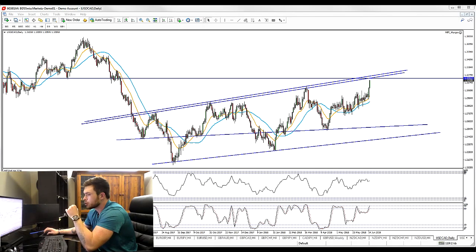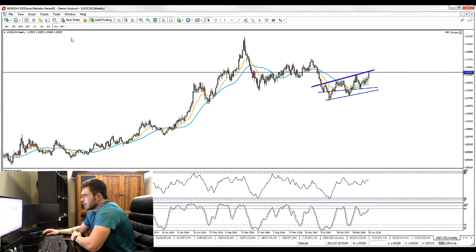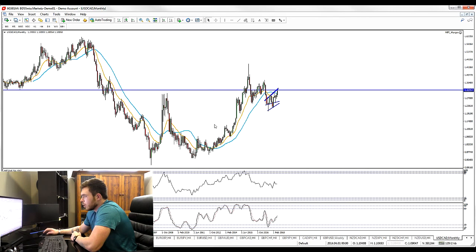Basically, on this trade, what I've been able to identify is what I've spotted on the daily time frame. Moreover, I've spent some time looking at the weekly time frame as well as the monthly time frame, having a look at what sort of formations are forming and what sort of channels we're dealing with.